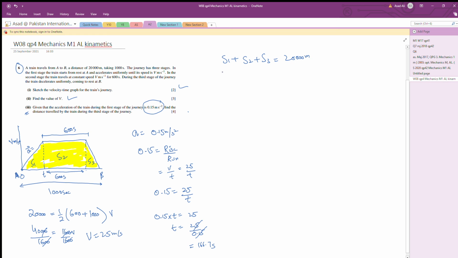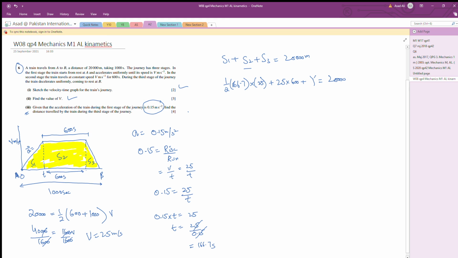In stage 1, what's the distance? 1 over 2 times 166.7 times 25. Stage 2 is a rectangle, so 25 times 600. Stage 3, let's say it's y, and the total is 20,000.